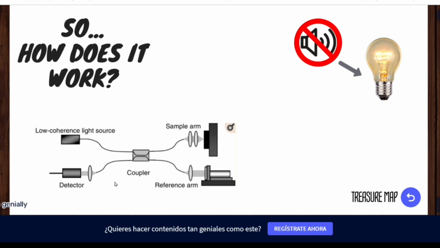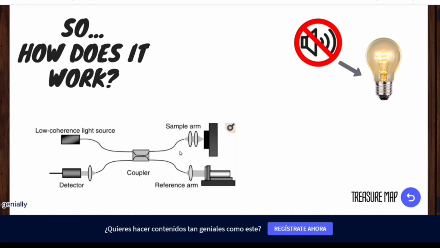The system works with light from a low coherence source that is split into two paths by a coupler, also known as a beam splitter, and the light is directed to two different arms of an interferometer. One arm is the reference arm and the other is the sample arm. The light is shaped by various optical components like mirrors and lenses.